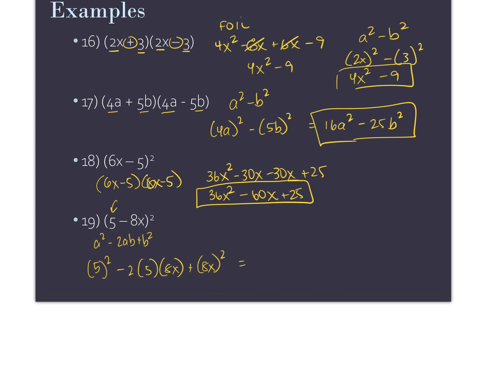And so when I do the math here, I'm going to get 25 minus 80x, and I'm going to get plus 64x squared. Or I could rewrite it as 64x squared minus 80x plus 25. Either way, that's the answer. If you memorize it, it's great. And if not, you could have just foiled it out and you would have gotten that answer anyway.